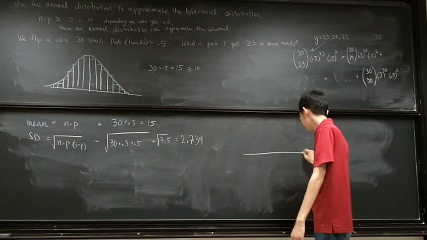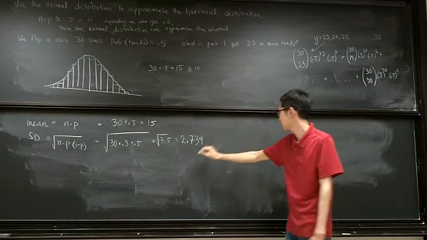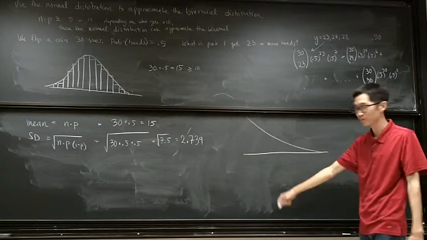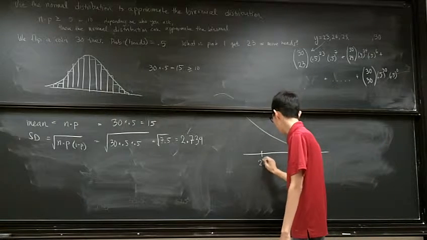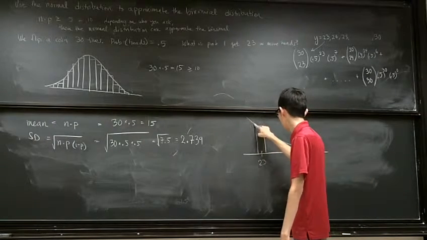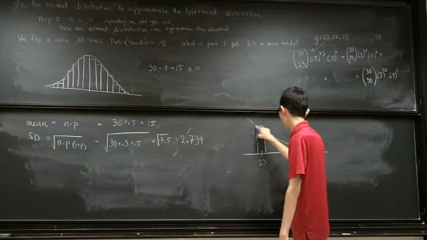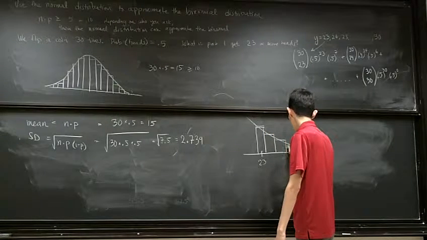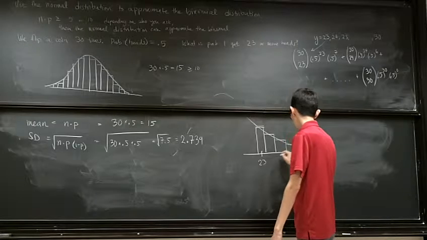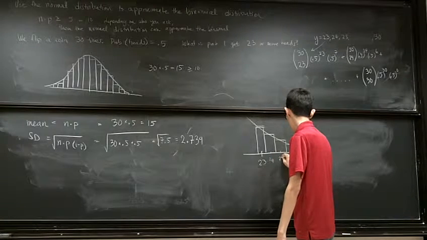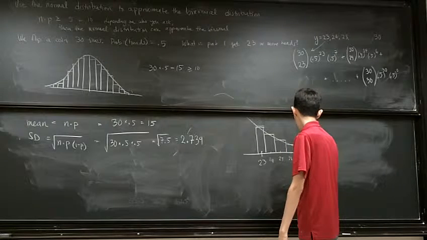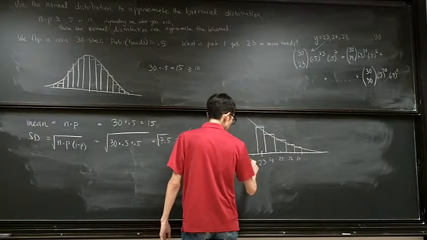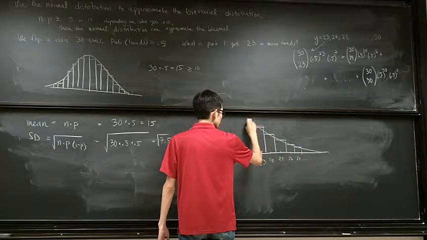Now, imagine that we've got some normal distribution and it looks like this, okay? And we're trying to catch 23. So I have a bar centered at 23, and bars at 24 and 25, even at 22, like that.